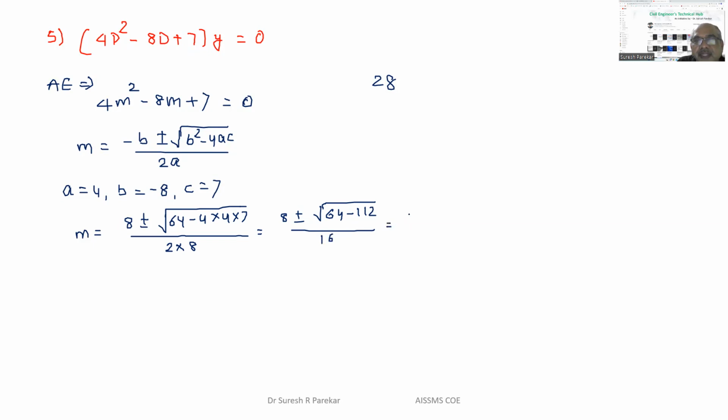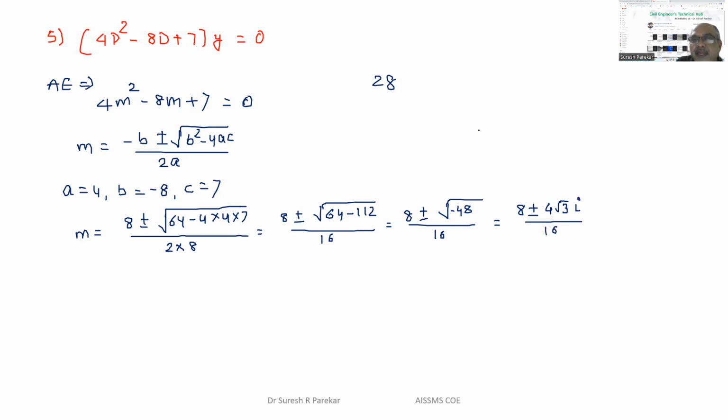From this we will get 8 plus minus root of minus 48 upon 16. Now we can take 16 outside, so it comes 4, so 8 plus minus 4 root 3 i divided by 16.